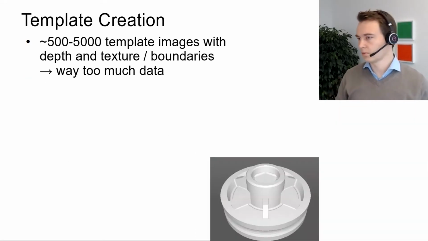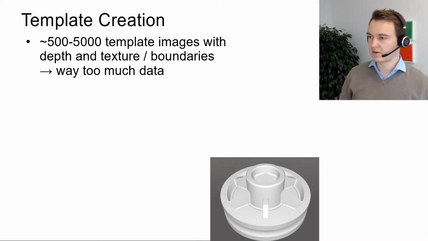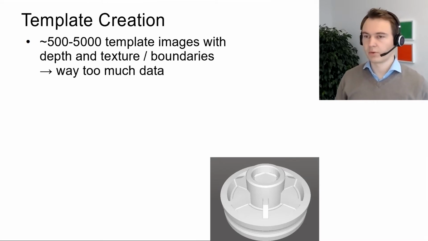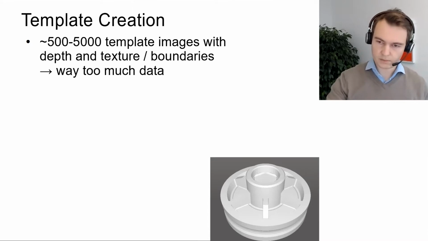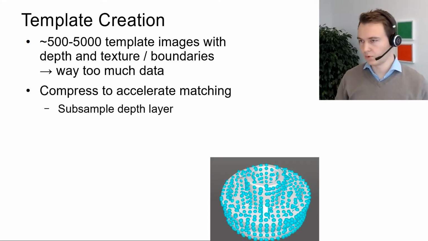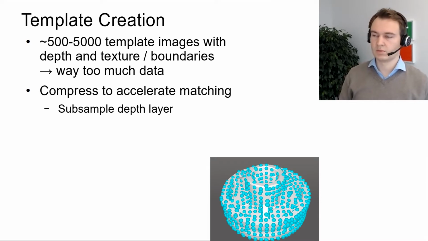Of course, you can imagine that having 5,000 images of this object and trying to search this in camera data is probably not very efficient, because that's way too much data. And so there's a data reduction process that's happening during the template creation. So the depth data is subsampled by an automatically derived factor.